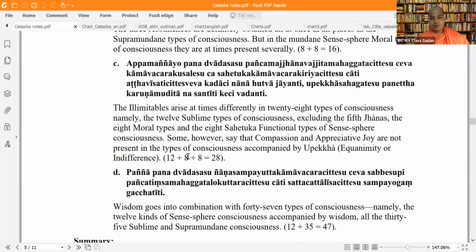Some, however, say that compassion and appreciative joy are not present in the types of consciousness accompanied by upekkha.